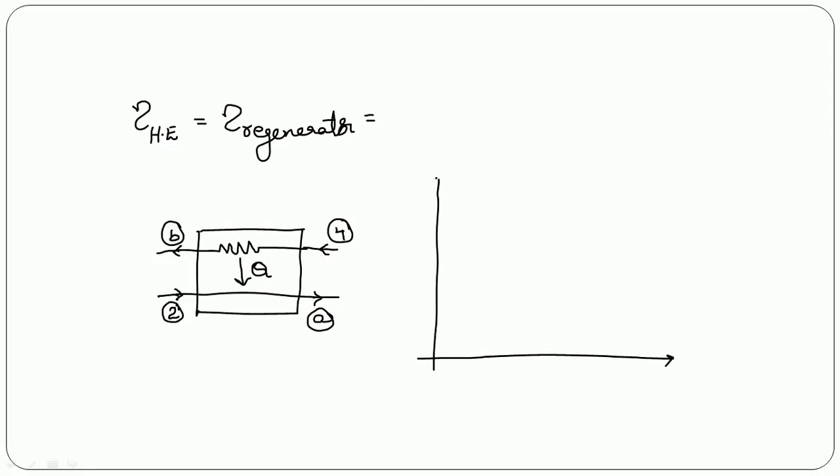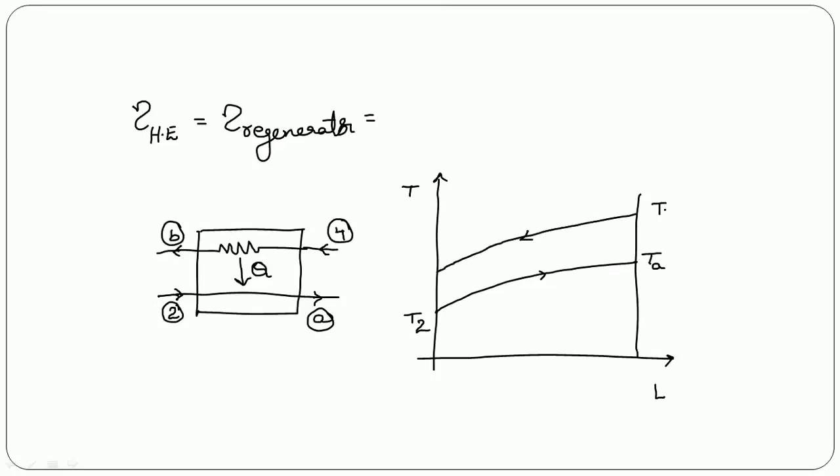We can consider this as a counterflow heat exchanger and draw the temperature versus length diagram. From 2 to A there is a rise in temperature, this is T2 and this is TA, and from 4 to B there is a drop in temperature, so T4 to TB like this.